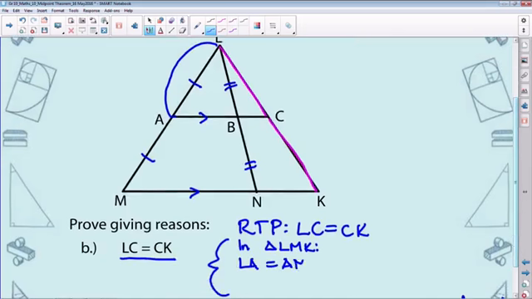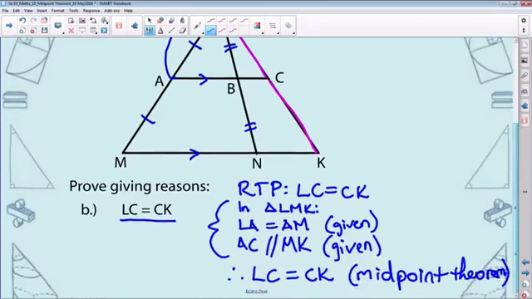Why are they equal? Well, it was given. And AC is parallel to MK. How do we know this? Once again, it was given. So basically, we've answered a different question with the same reasons as we had before.